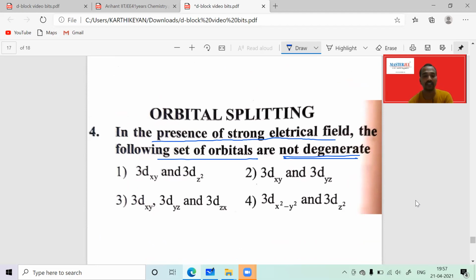Because of a different orientation axis, the 3d xy and 3d z square do not show any degeneracy even with a strong electric field, because of having different orientation axes.